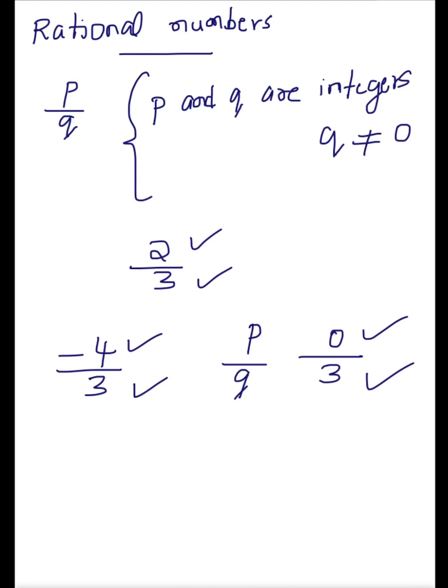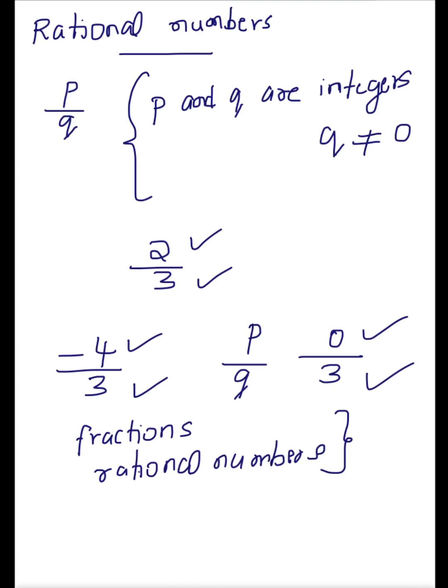Now let's see what is the difference between fractions and rational numbers, with an example. Let's take 2 by 3. The only difference between fractions and rational numbers is that in the case of fractions there will not be any negative integer, only positive integers. So 2 by 3 is a fraction because 2 and 3 are both positive integers. 0 will also be there, but only in the numerator.